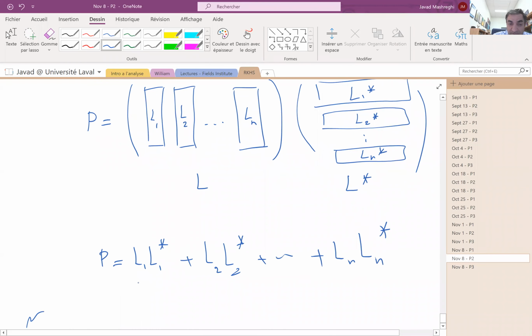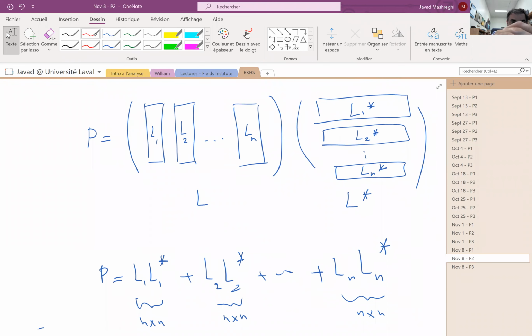And note that each of these by itself is an n by n matrix, but a very particular one. And as we proceed, because L is lower triangular, in L2, we have 1 zero here. In L3, we have 2 zeros, and in Ln, we have n minus 1 zeros.